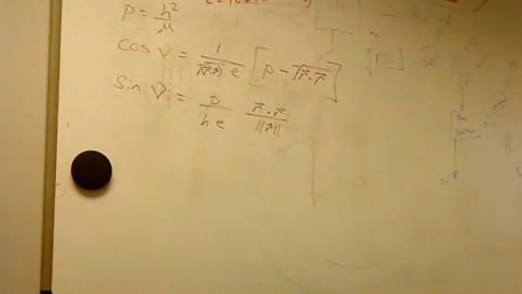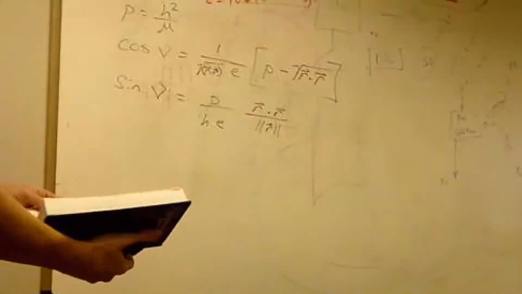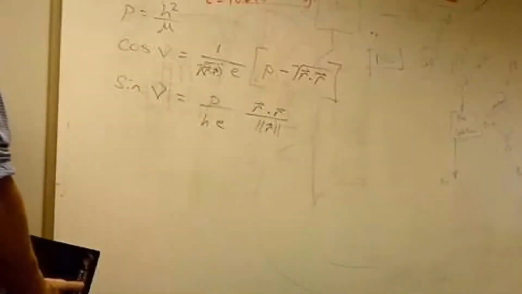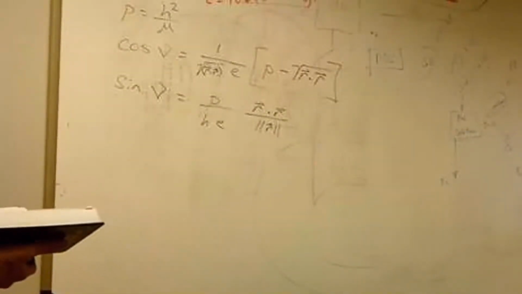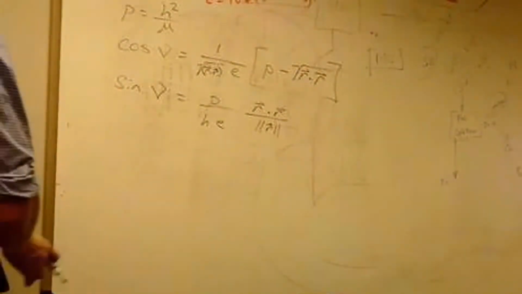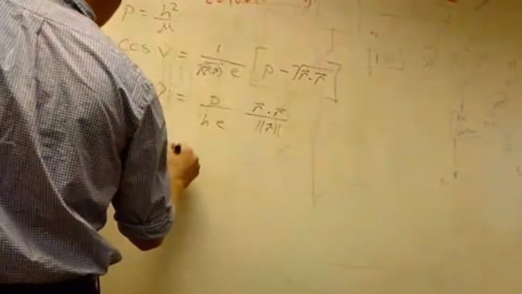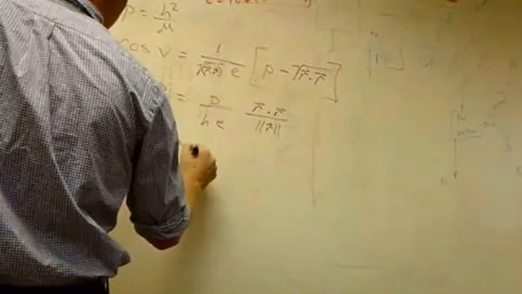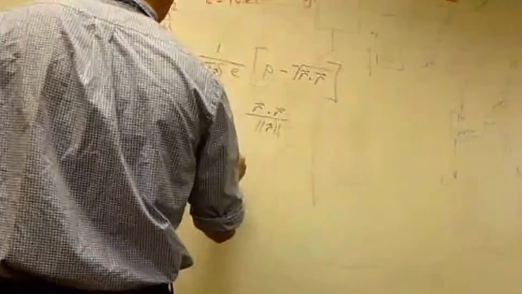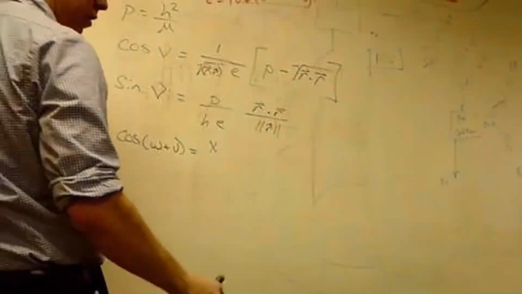The next one that we're going to do is our argument of perigee plus our true anomaly. And that looks like, we're going to use individual components at this point. So this x is from the position vector.